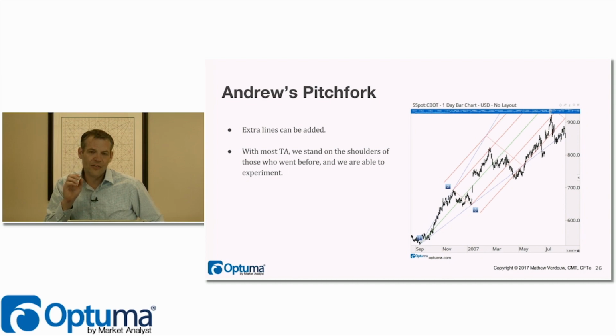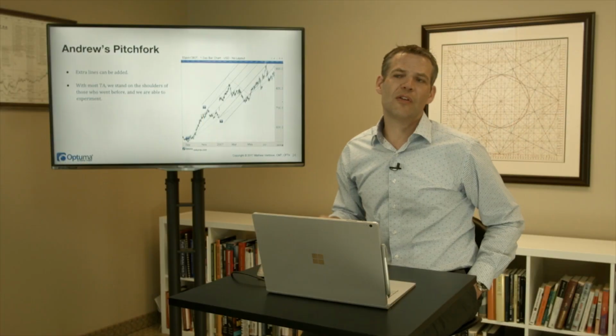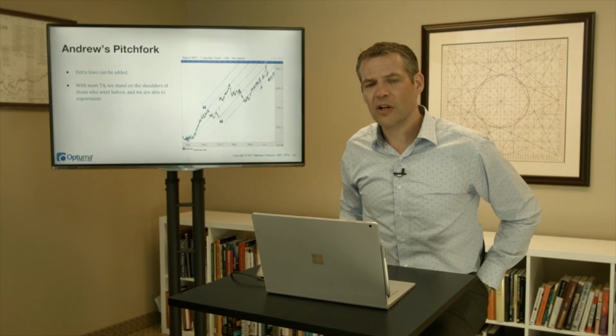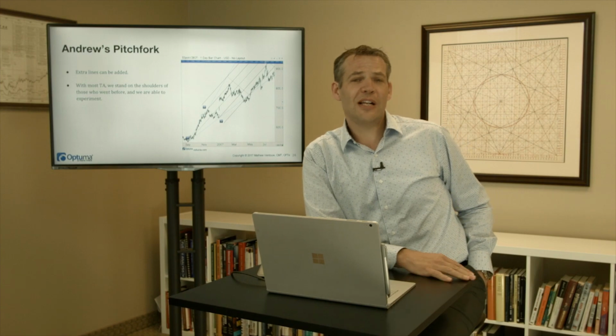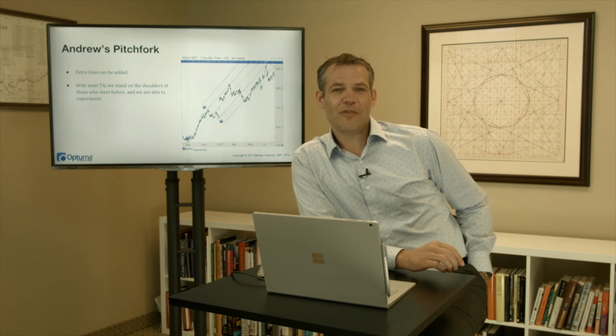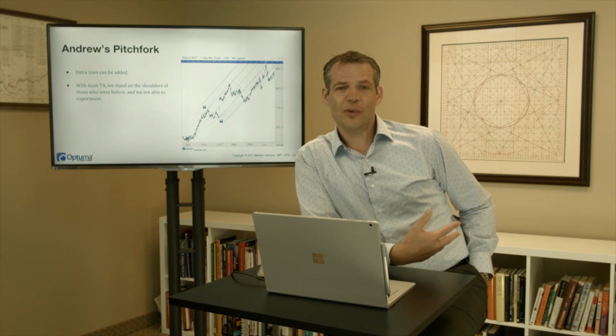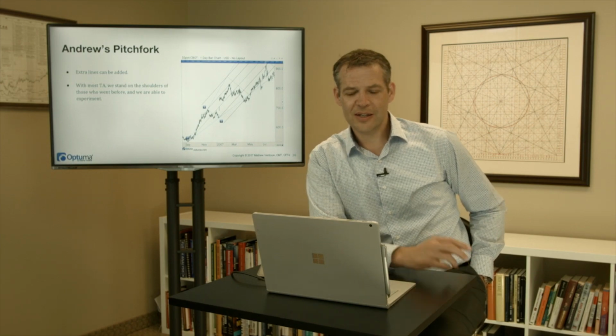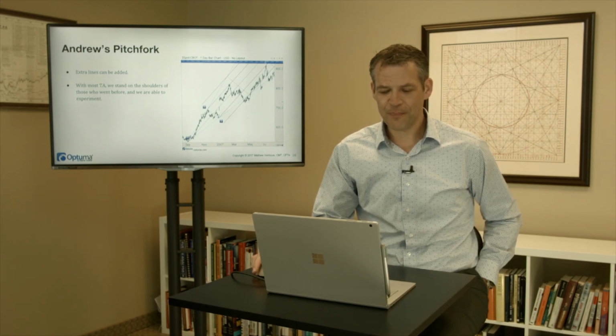The reality is that even these extra lines, Andrews himself didn't add these in, but what I would often say is that we stand on the shoulders of these technical analysis greats that went forward and forged these new ideas, and we can build on them and start working in a more quantitative way to put all that together.